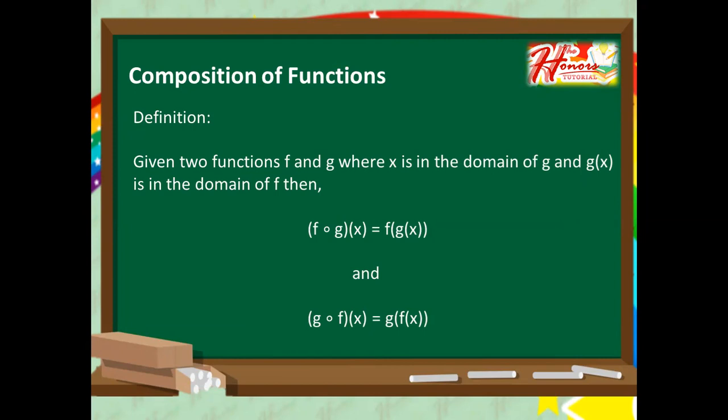So for the definition, given two functions f and g, where x is in the domain of g and g of x is in the domain of f, then the function f with g of x is equal to f of g of x, and the function g with f of x is equal to g of f of x.